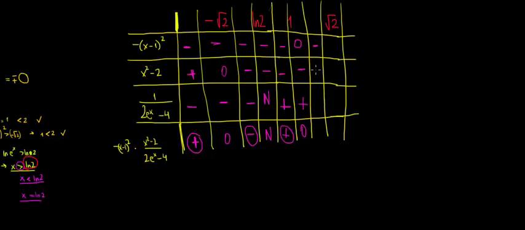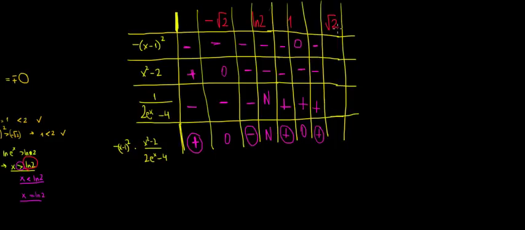So that's a negative range. 1 divided by 2 times e to the power of 1.2 minus 4 is a positive value. 1 divided by a positive value is going to be a positive range again. So negative times a negative makes a positive, positive times a positive makes a positive range again.